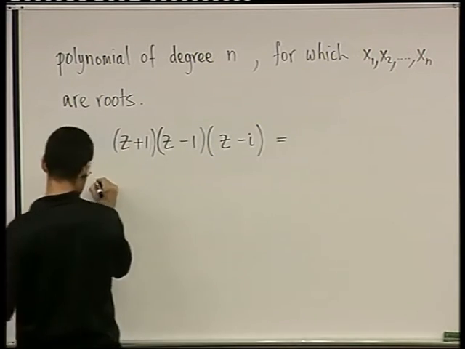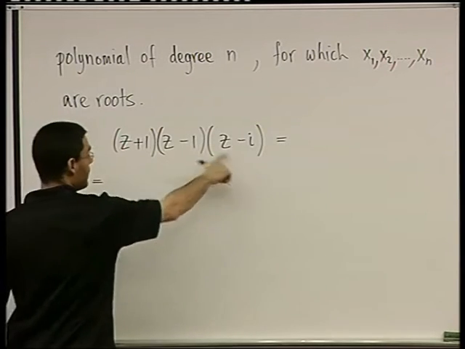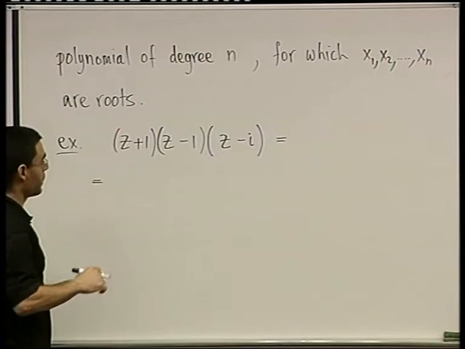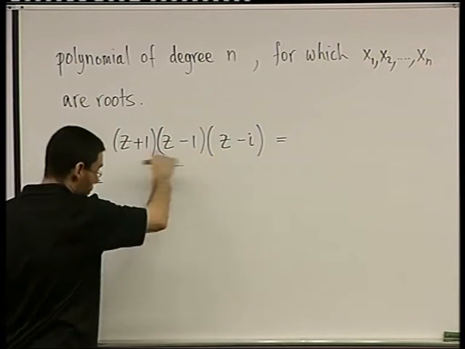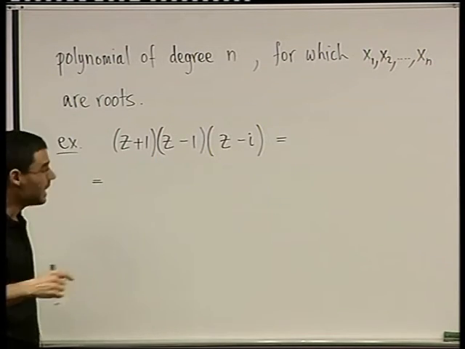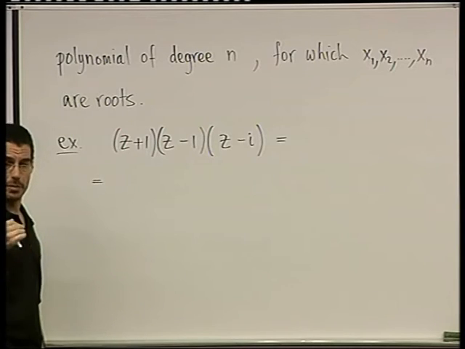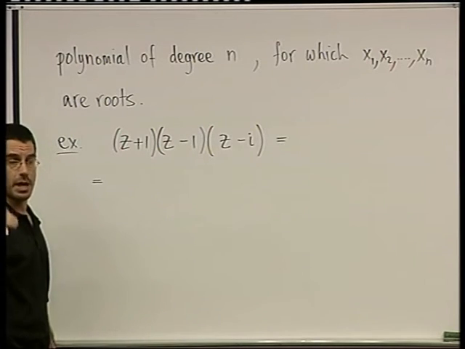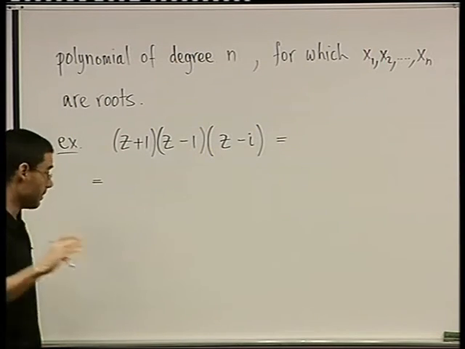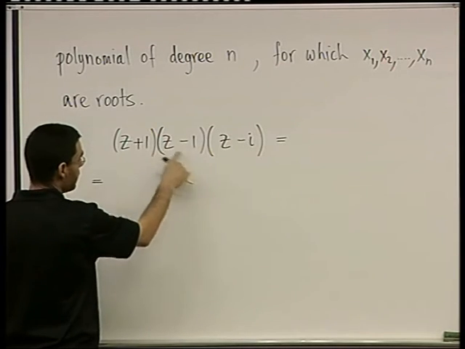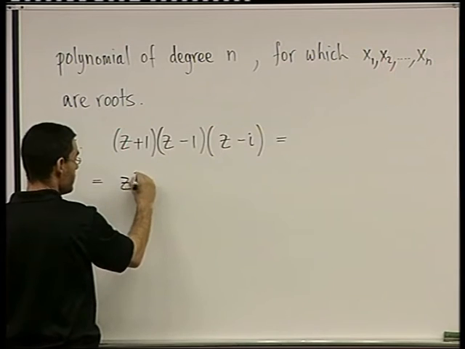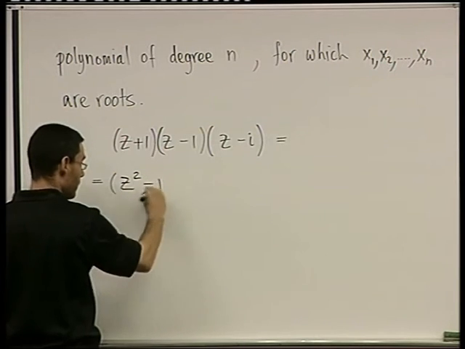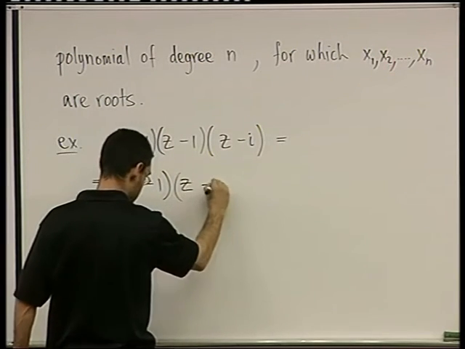Let's simplify, or I don't know if that's the correct word, because from some perspective of knowing the roots, this is its simple form. Let's convert it to its standard form of a_n x to the n plus a_(n-1) x to the n minus 1. So let's first multiply these two terms. z plus 1 times z minus 1 is z squared minus 1 times z minus i.